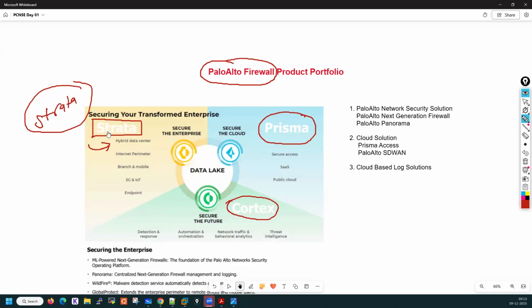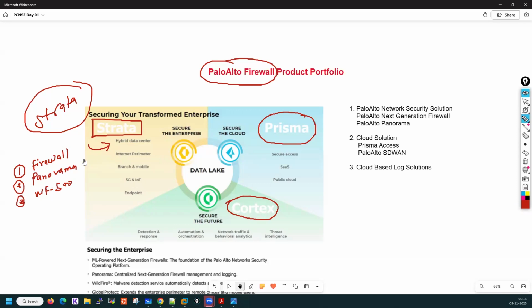Okay. So the Strata product portfolio majorly has devices like your Palo Alto Firewalls. Firewall comes under this. Panorama also comes under this. Then there is one more device called the WF500 WildFire Appliance.